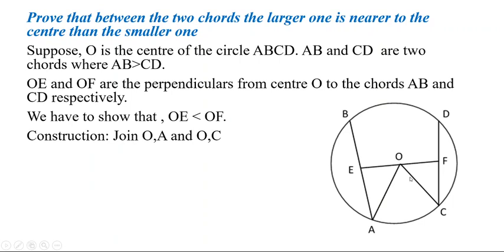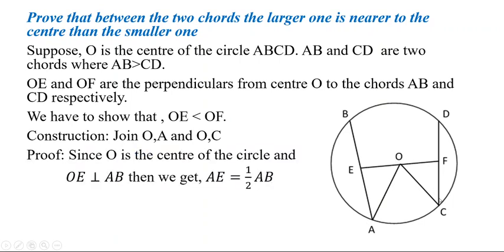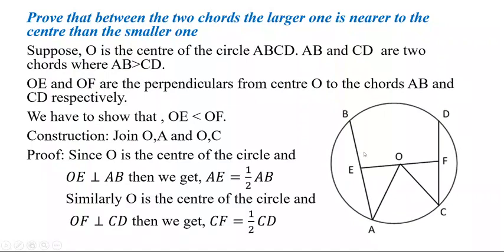Construction: join O, A and O, C. Now proof. Since O is the center of the circle, OE is perpendicular to AB, then we get AE equal to half AB. Similarly, O is the center of the circle and OF is perpendicular to CD, then we get CF equal to half CD.